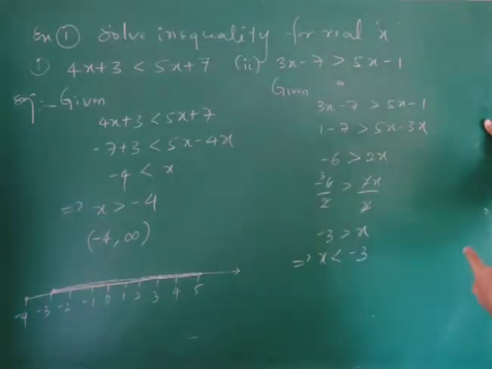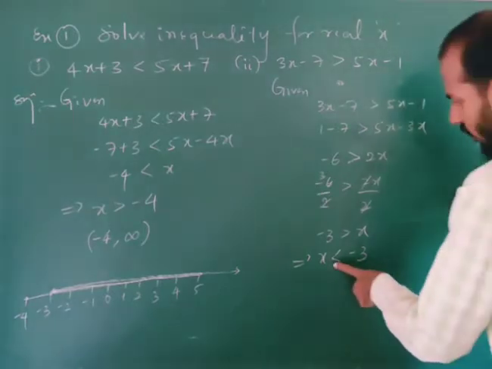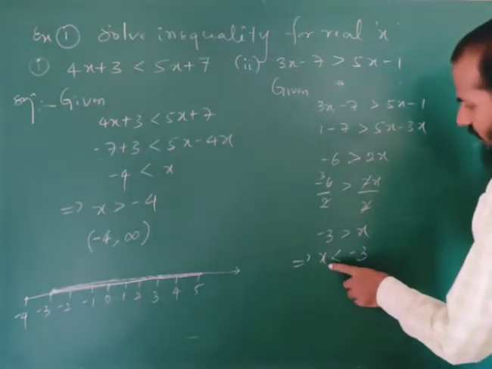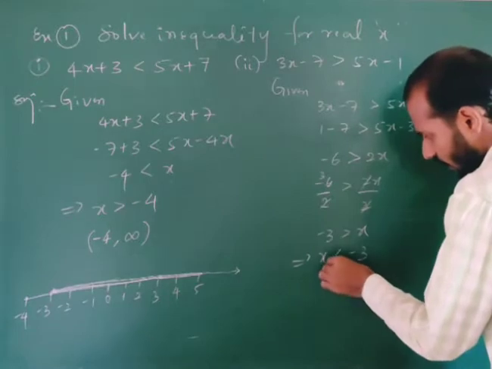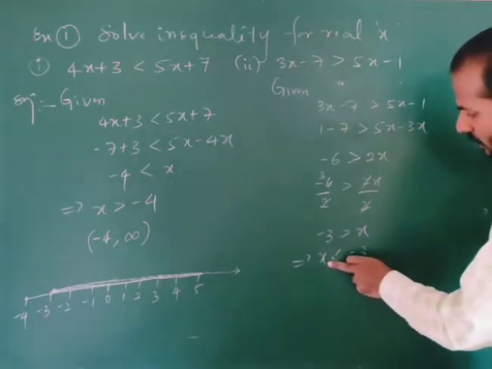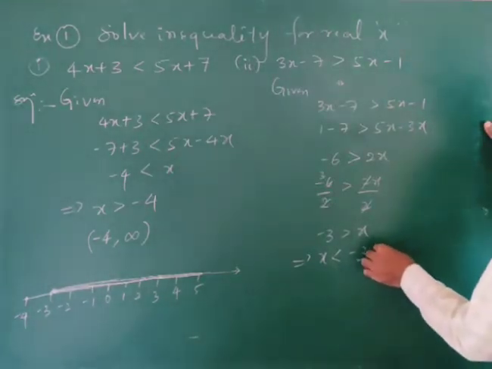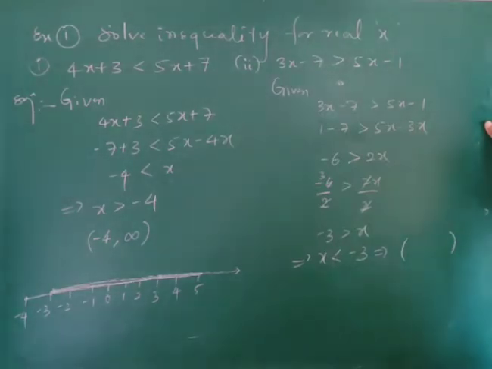X is less than minus 3. How will you write this one? First of all, whether you take open interval or closed interval here, let's see first. Here the less than symbol is there, it means it is an open interval. If an equal sign is also there, then a closed interval comes here, right? Now it is only x is less than minus 3, which implies open interval on both sides, right? How can you write now?